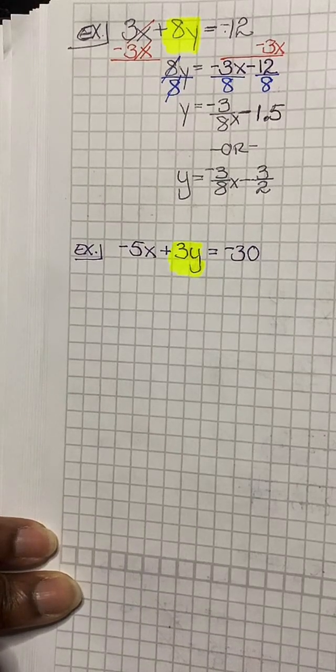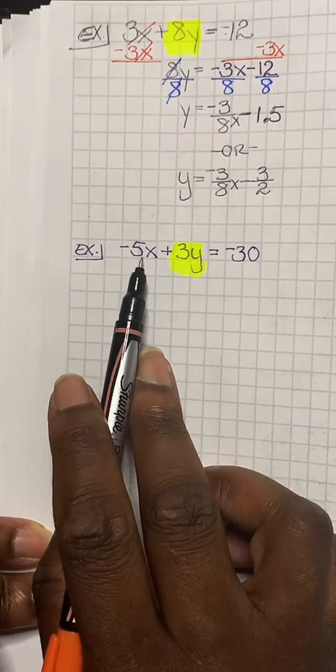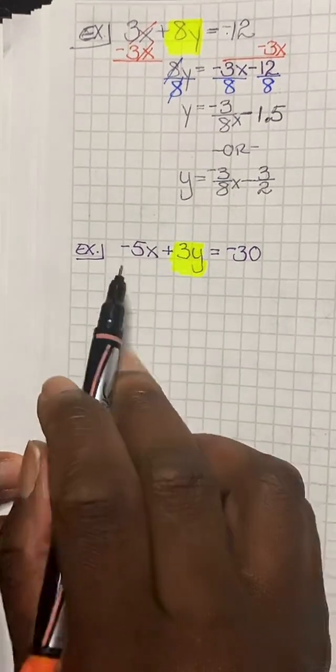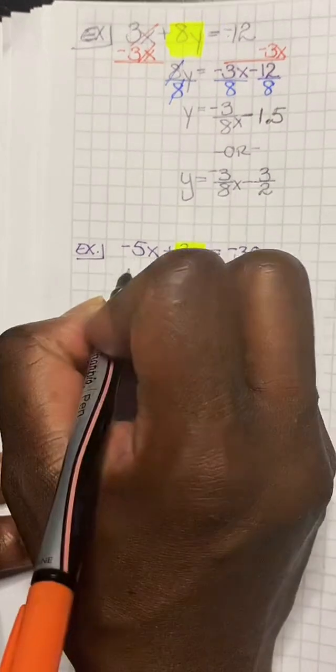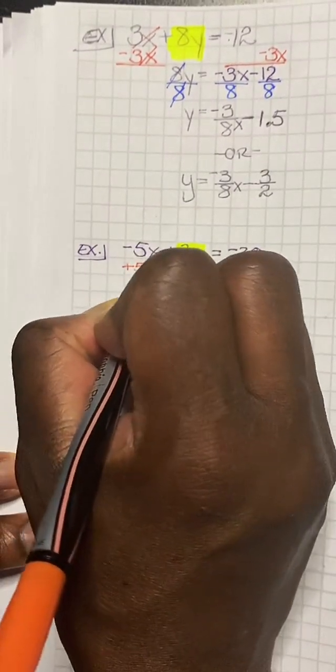Here comes negative 5x. That couple that you just don't want to deal with. So now you need to get them out. So you ever hear of kill them with kindness? Since it's a negative 5x, we're going to do the opposite. We're going to add 5x on both sides.